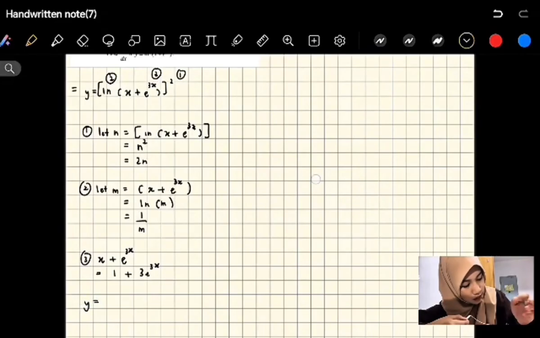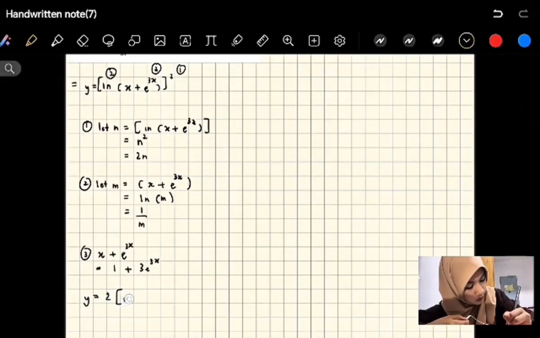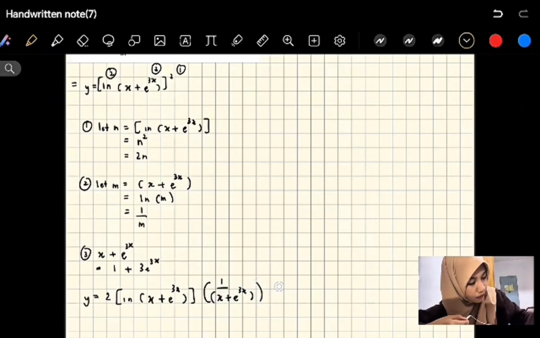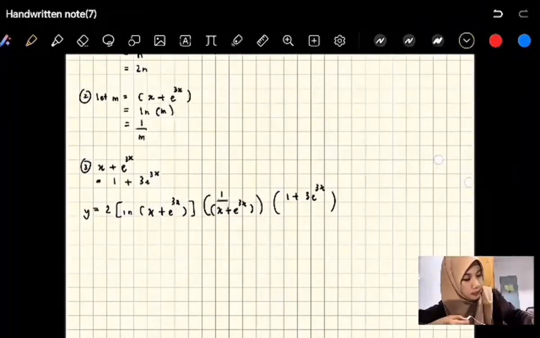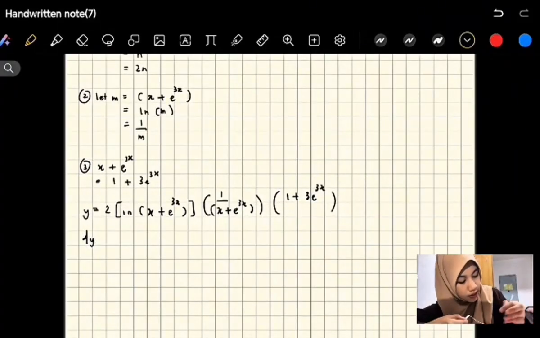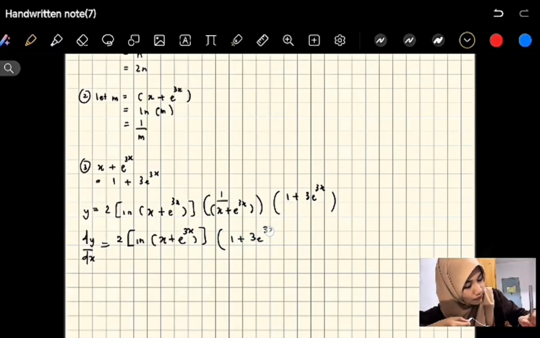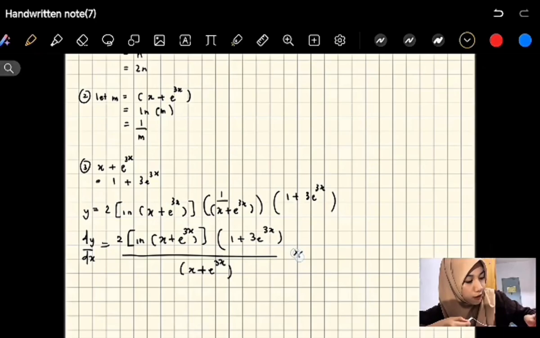So y equals 2 like this, and we can rewrite dy per dx equal to this, to have the final answer here.